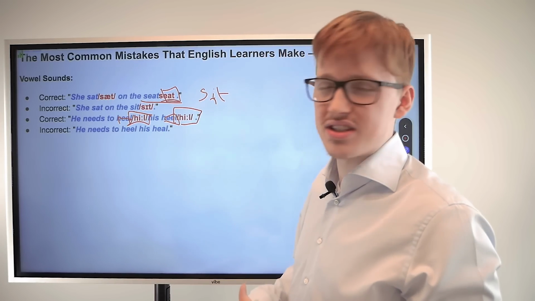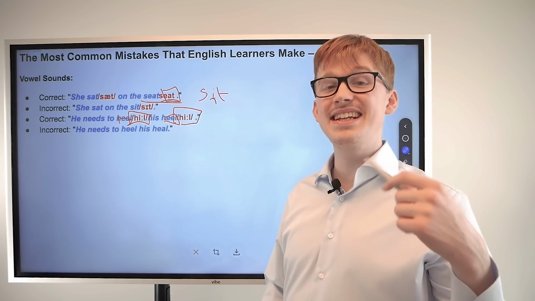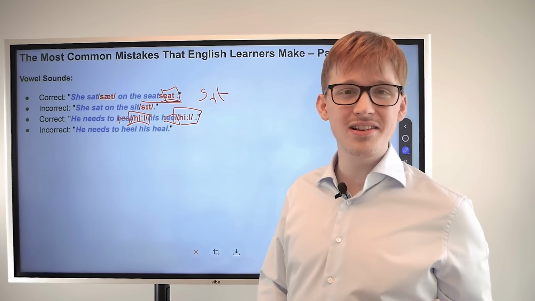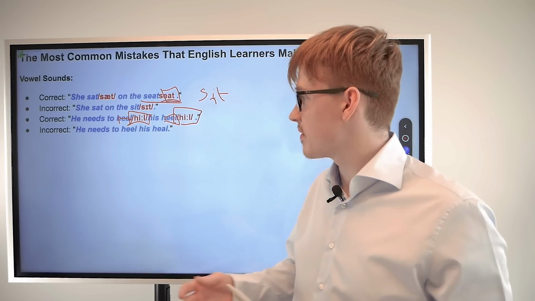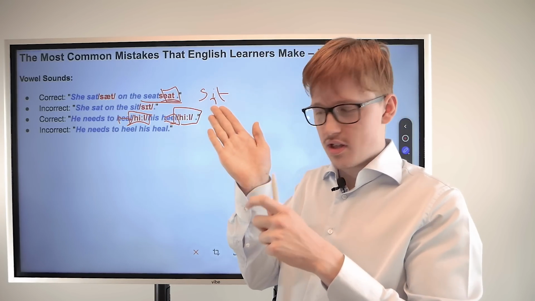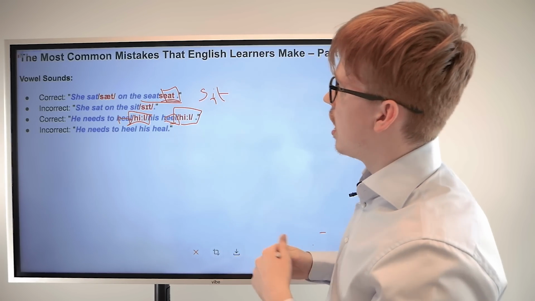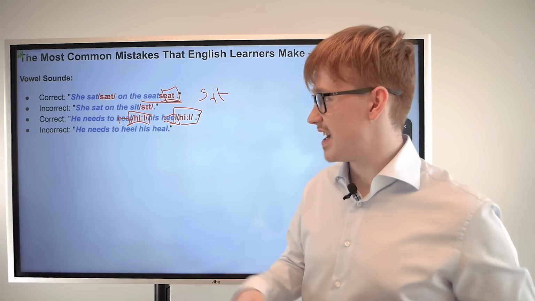You see? Just in a different context with a different meaning. So he needs to heal. The verb to heal is to get better if you're hurt. His heel, which is this part of your foot, the heel of your foot. So he needs to heal his heel, same pronunciation.